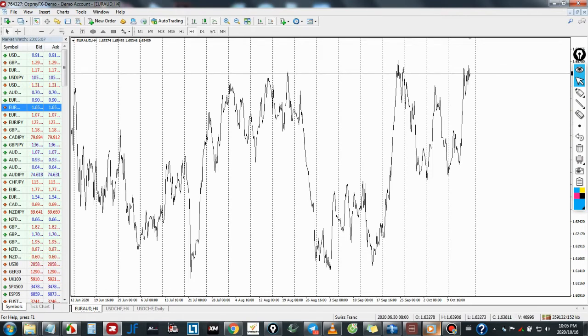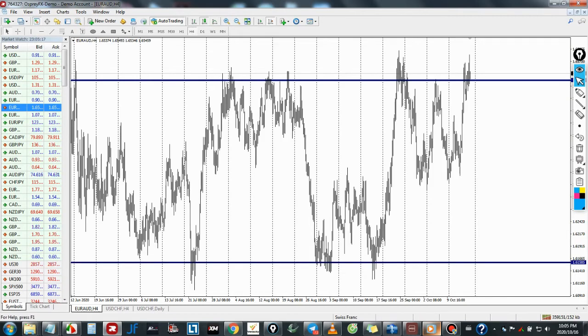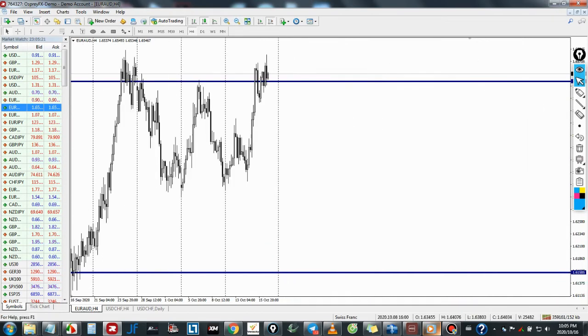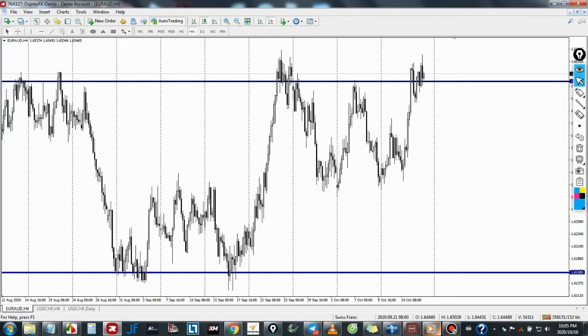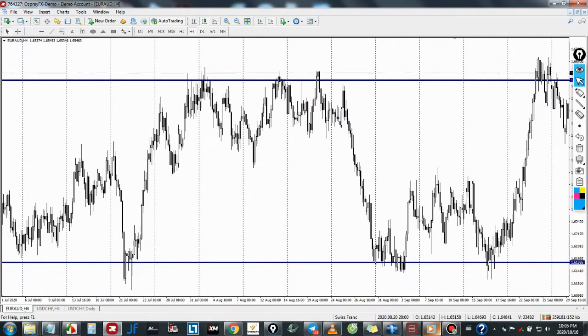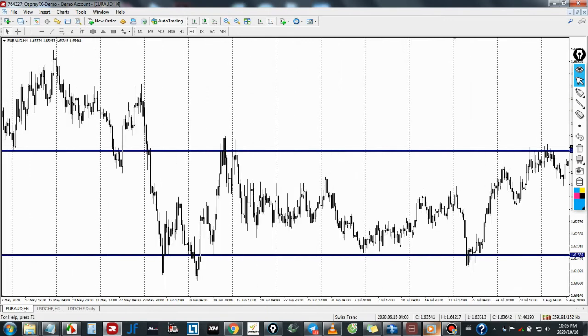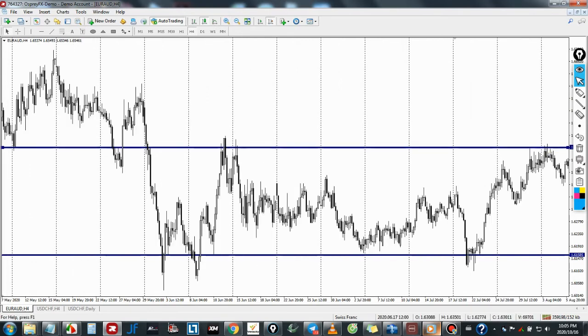So now I have identified a very beautiful range. The next step is to draw our resistance and support, and then switch to the candles. Then that's where we can adjust our zone accordingly. So now I want to put my line here and accommodate this previous support, now resistance.